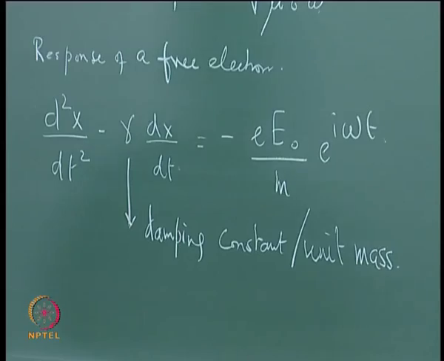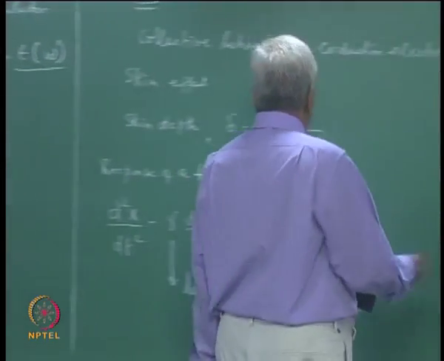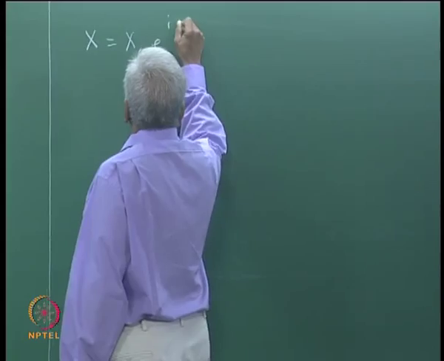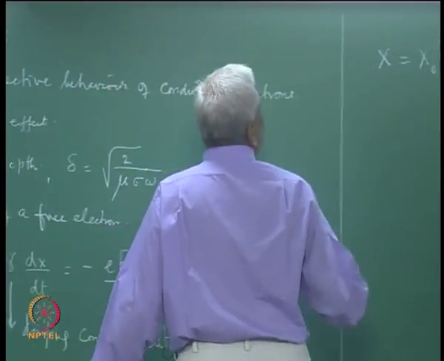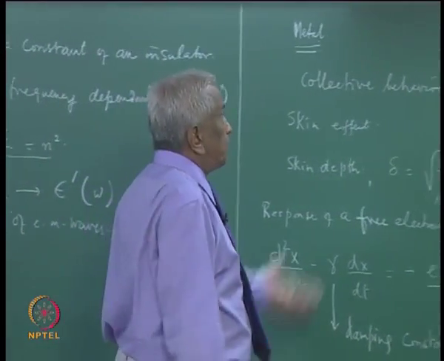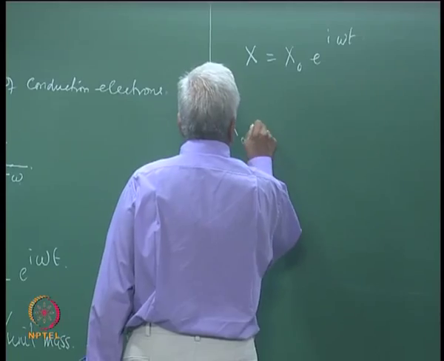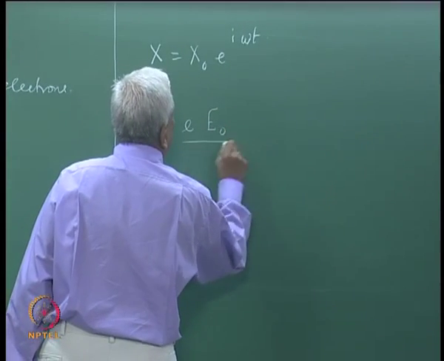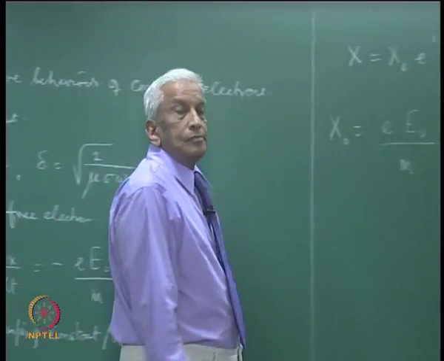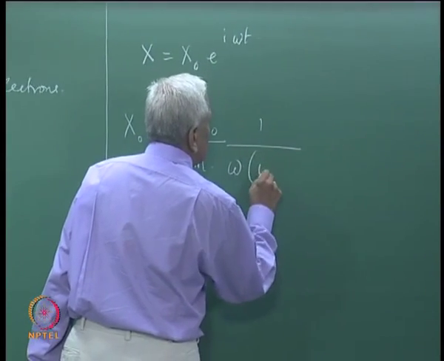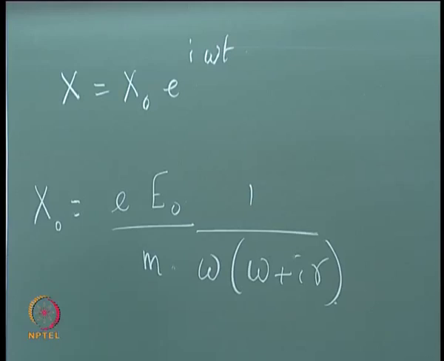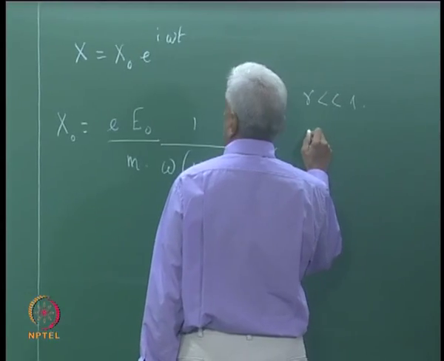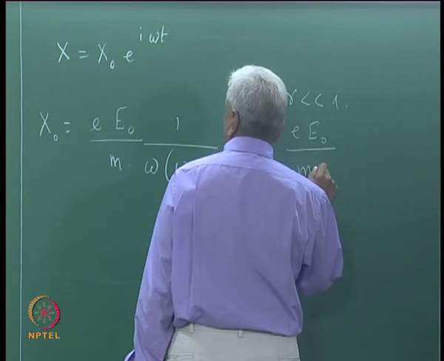And we seek a solution of this differential equation in the usual way by saying that the response is also of the form x naught e to the power i omega t, with probably a phase shift, and plugging this back we get x naught equal to the expression, and when gamma is very small compared to omega, we can just write this as E naught by m omega square.